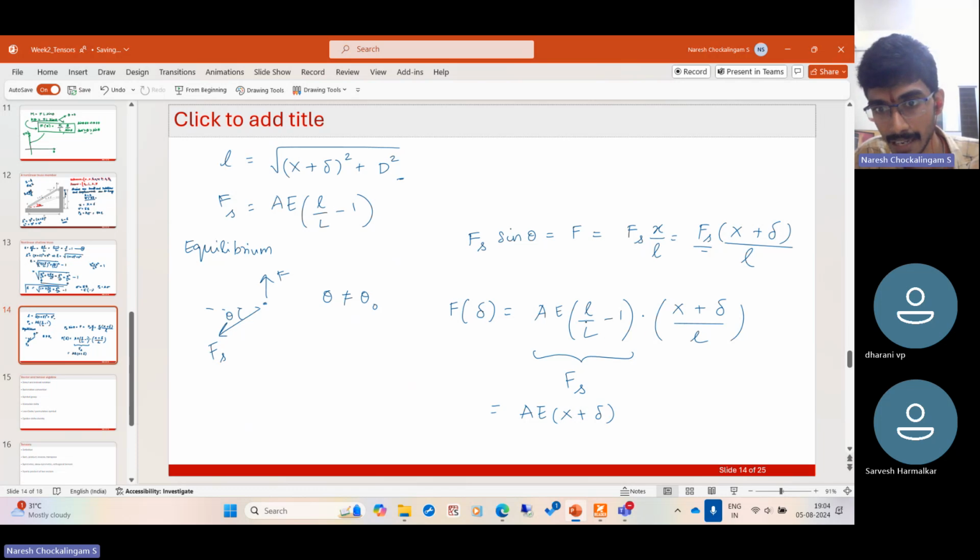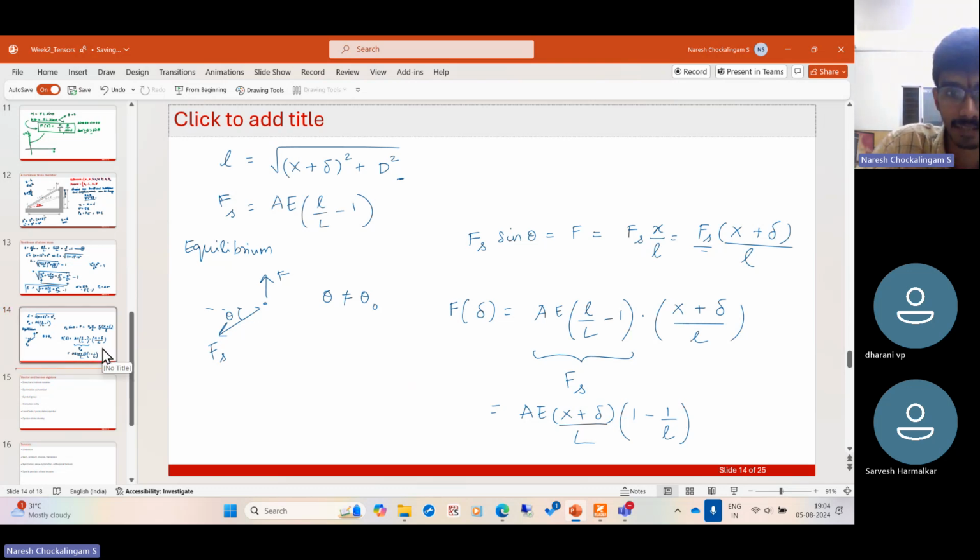You can take this capital L outside, so it is like 1 minus 1 by L, and L is in terms of delta. So you can just substitute that finally.